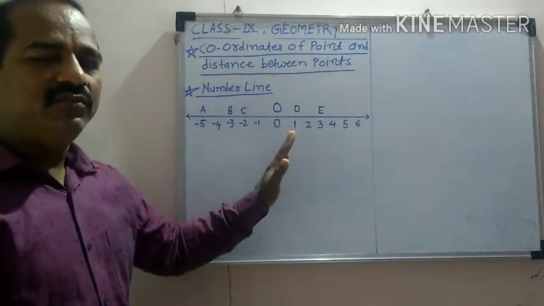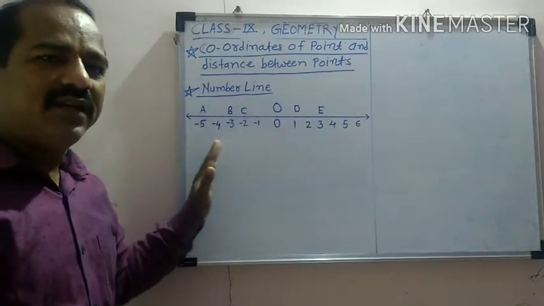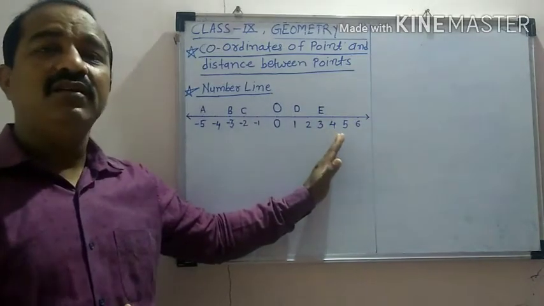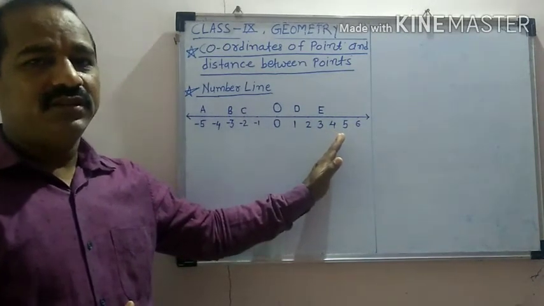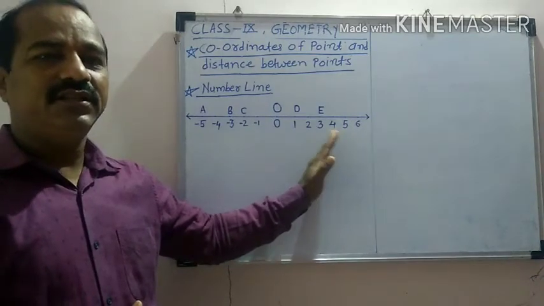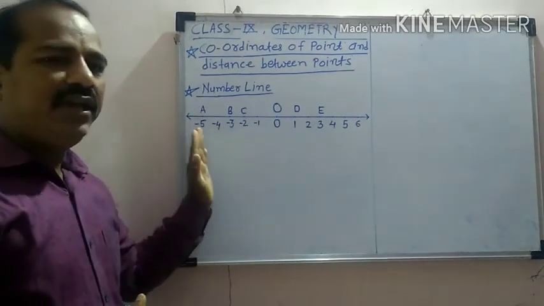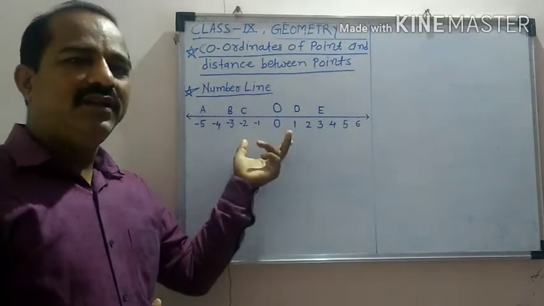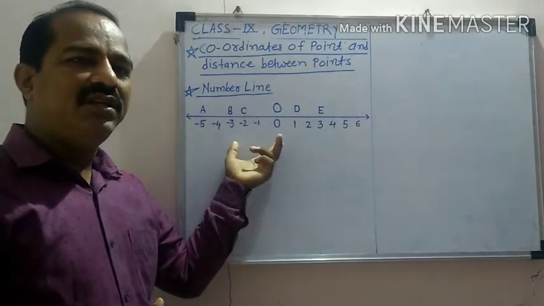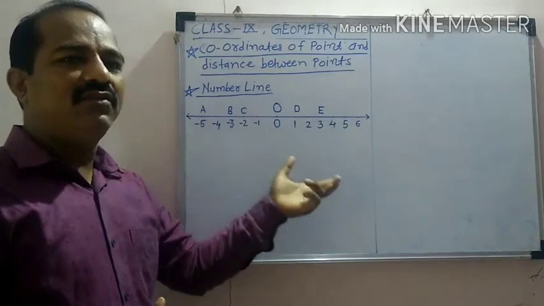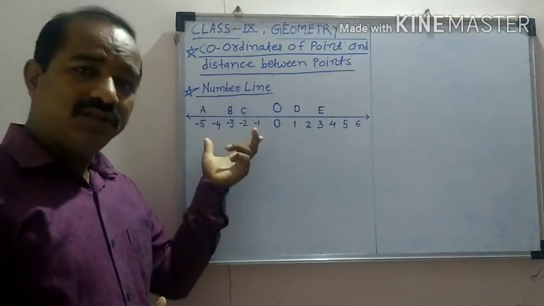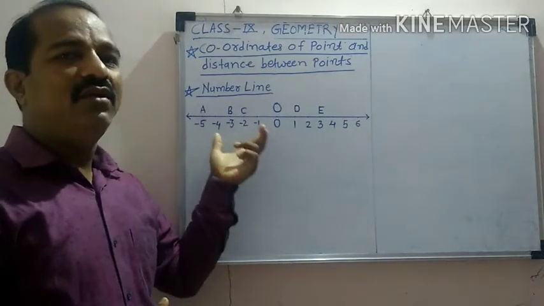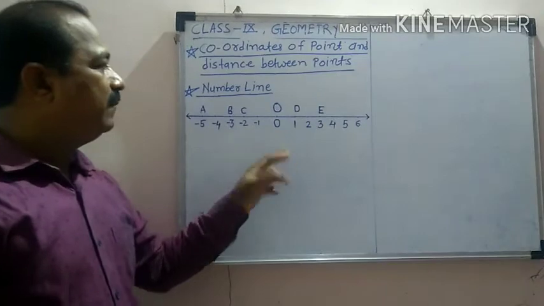From the origin to the left-hand side there are negative numbers, and to the right of the origin there are positive numbers, which are also called integers, positive integers and negative integers.